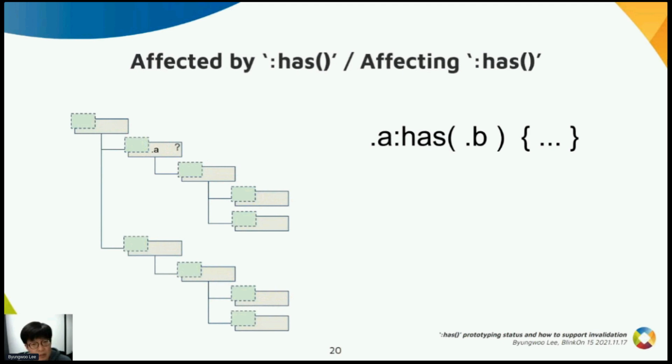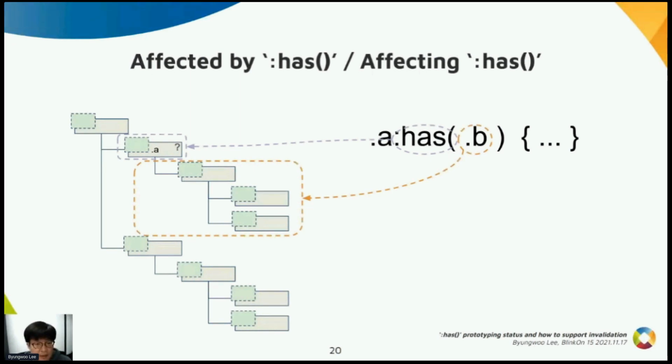We can get a hint about this in the :has matching step of the style recalculation process. If there was an attempt to match this element with this :has pseudo class, it means that the element is affected by the :has state change. And if there is an element affected by a :has state change, it means that all the descendants of the element are affecting the :has state. And the other elements are not related to the :has state.